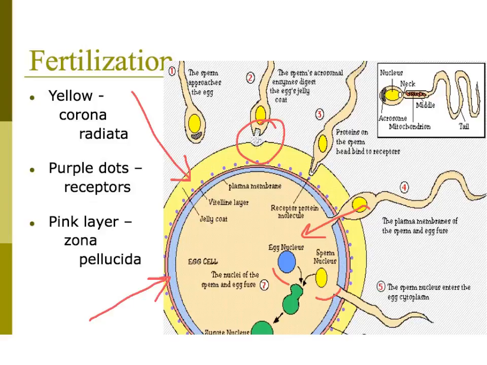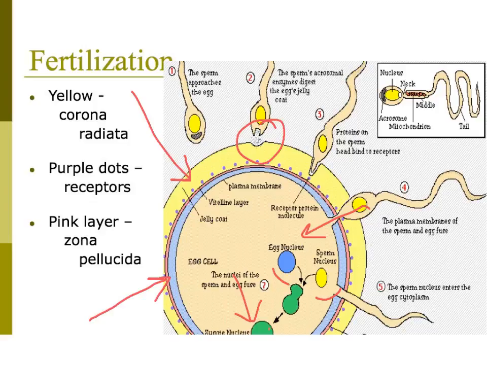So the egg doesn't actually complete meiosis until we have this fusion. And so monospermy means that we only have one sperm per egg that actually penetrates. And then when the egg and the sperm nuclei fuse, we end up with a zygote. And that is the first cell of life.